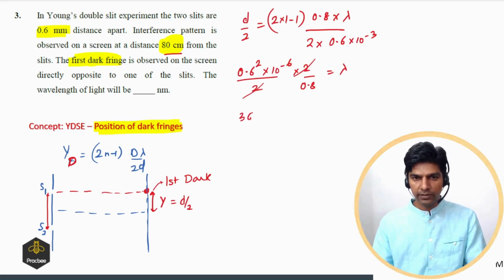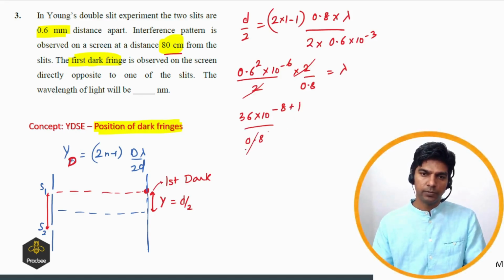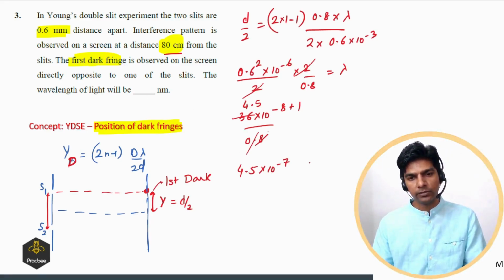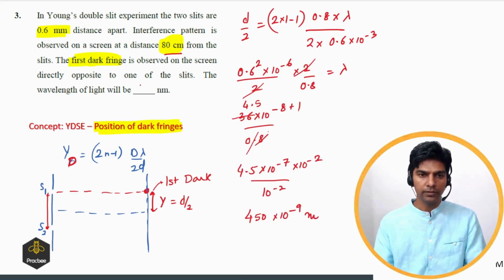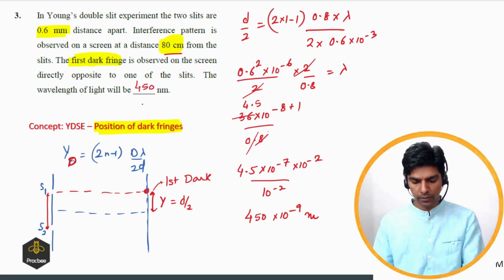So this will give us 36 into 10 raised to power minus 8 divided by 0.8. So let me remove this decimal. This becomes plus 1 here. So it will give us 4.5 times 10 raised to power minus 7, and we have to find the answer in nanometer. So let us multiply this with 10 raised to power minus 2, and divide with 10 raised to power minus 2. So this will be 450 into 10 raised to power minus 9 meters. So answer will be 450.